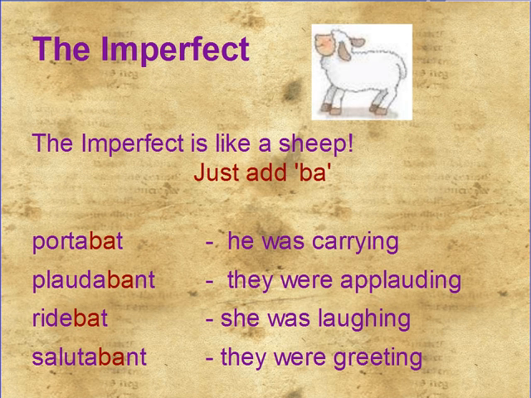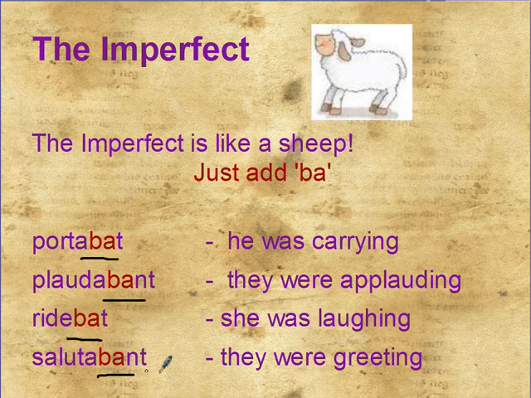Now let's turn to Latin. The imperfect tense in Latin is just like a sheep. All you have to do is add ba. It's very easy to spot the imperfect tense in Latin because it always looks the same. It always has a ba. You can see it right here in all these examples that I've included at the bottom.